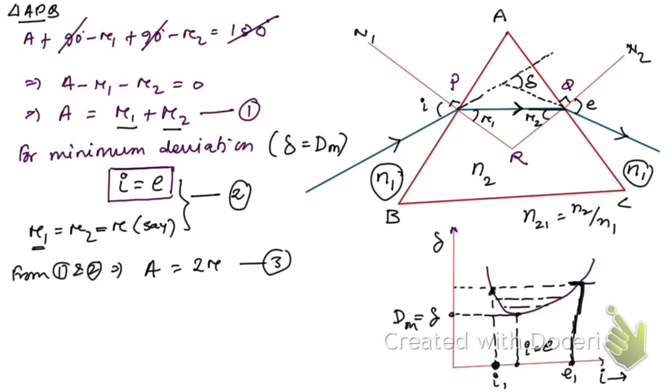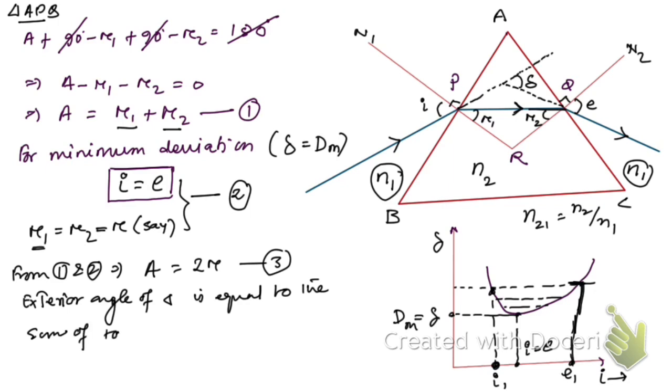Now you see, we know that the exterior angle of a triangle is equal to the sum of the two opposite interior angles.